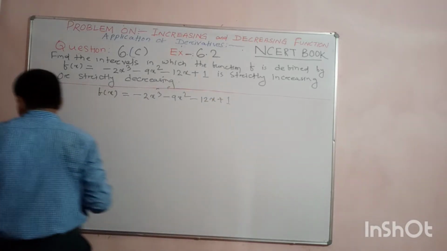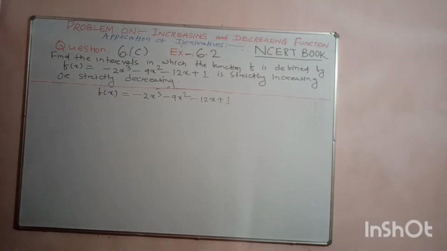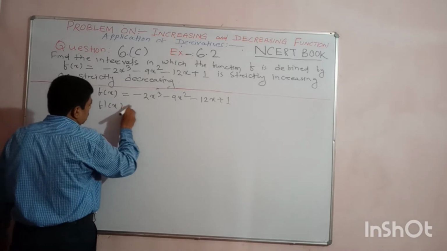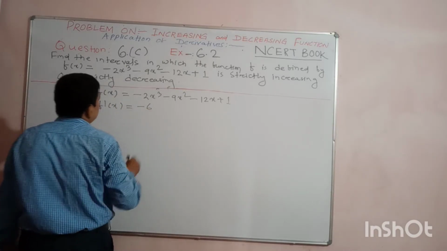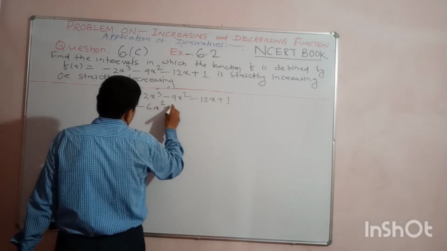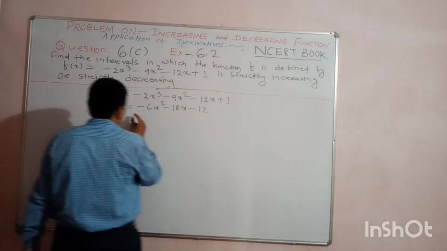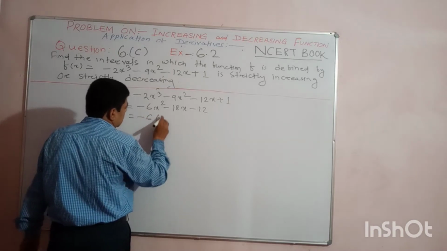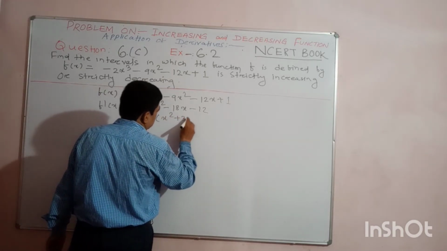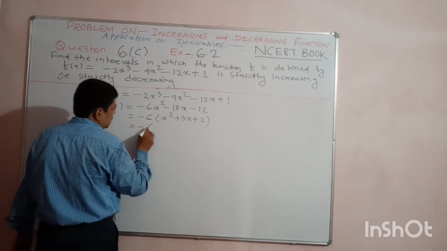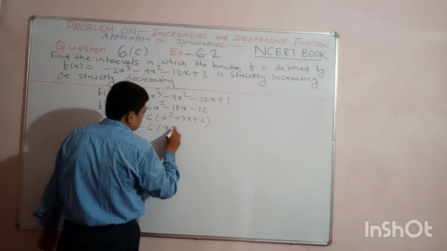Understand? So before finding the increasing and decreasing intervals, you have to find the slope by finding the derivative. So f dash x is equal to minus 6x square minus 18x minus 12, which is minus 6 common, into x square plus 3x plus 2, and that is minus 6 into x plus 1 into x plus 2.